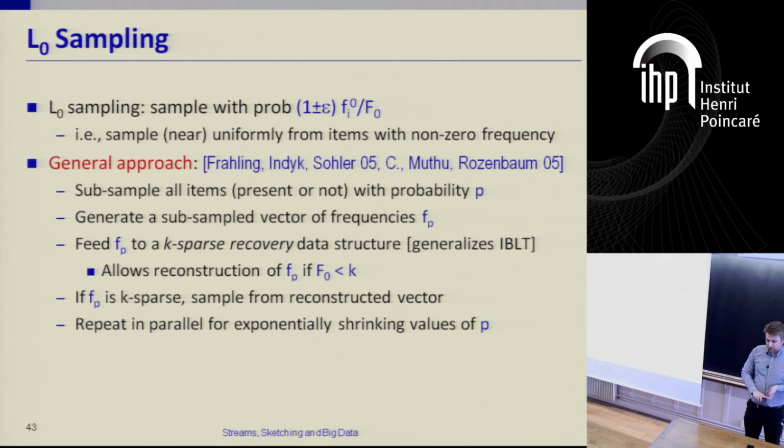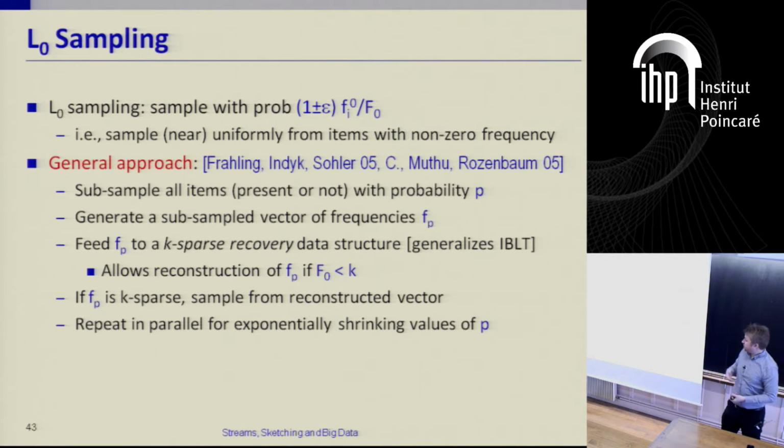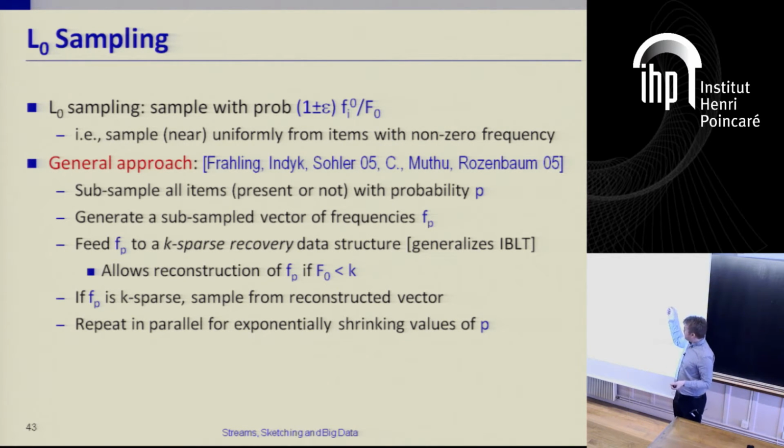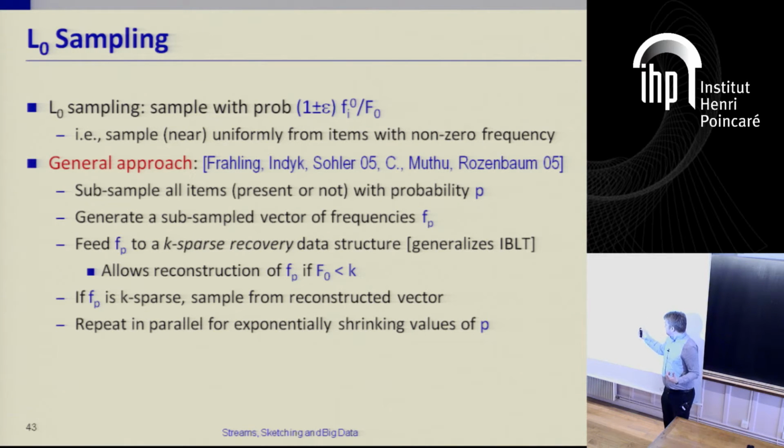For some high values of p, this is going to fail because this subsampled vector will still be too dense. With some small values of p, this is going to fail because the number of elements with non-zero frequency that pass this test will be 0. But there should be a sweet spot in the middle where I have a value of p that's about right, that thins out my input vector to be sparsity between 1 and k, and I'll be able to recover it.